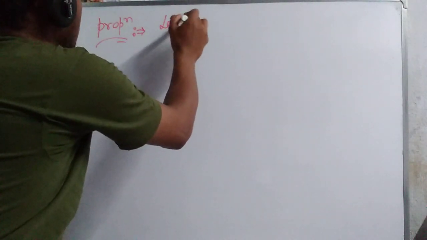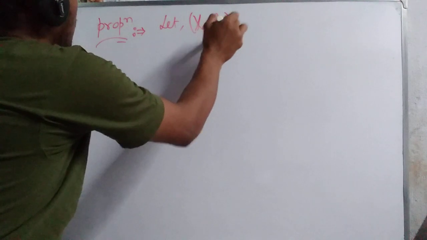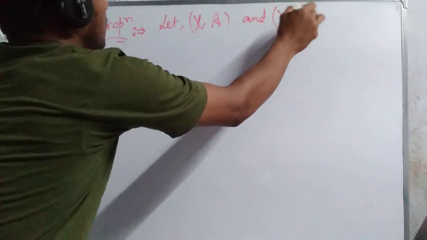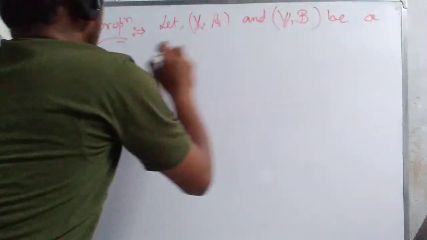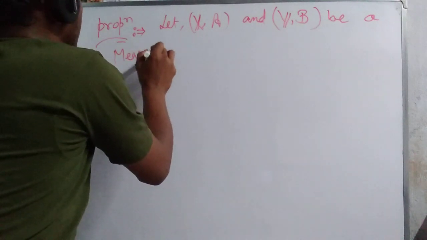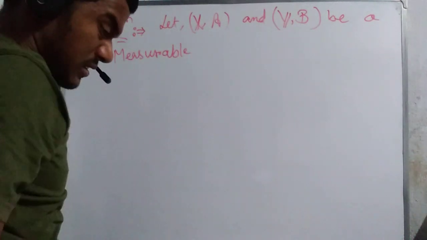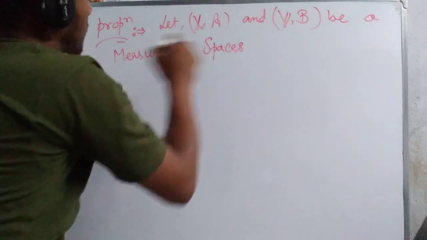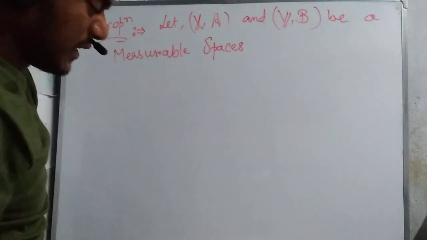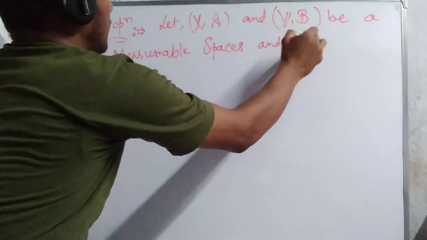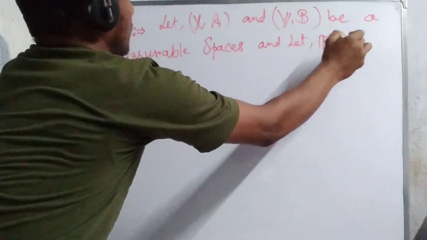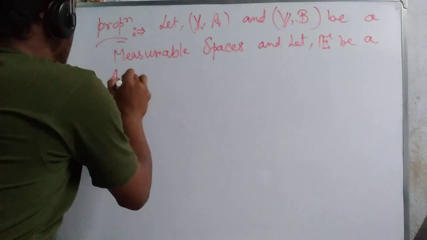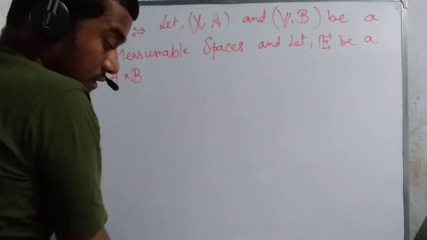Let (X, sigma-algebra) and (Y, sigma-algebra) be measurable spaces, and let E be a measurable set in the product A cross B.